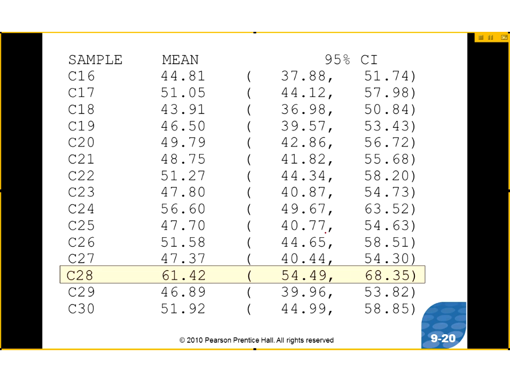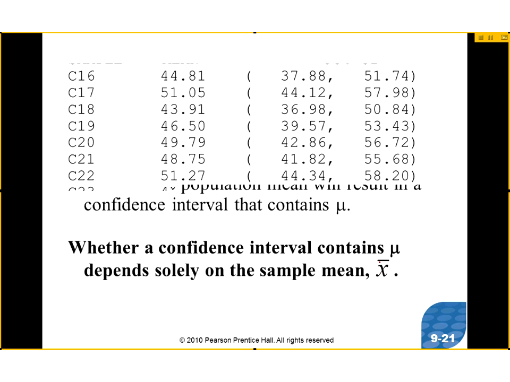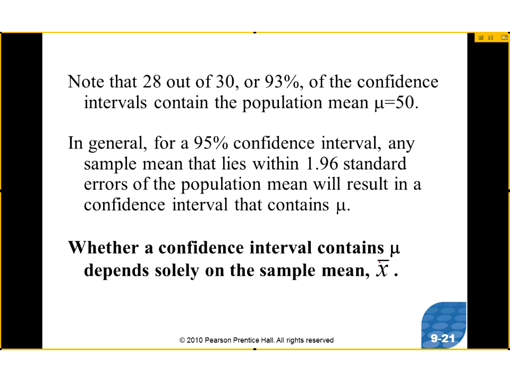And look here, they don't contain 50. Okay, so 28 out of 30 contained it, and this ends up being 93%. But we know we were looking for 28.5, which is not going to happen because you're not going to have a confidence interval that's only halfway in. So this ended up being 93% of the confidence intervals.